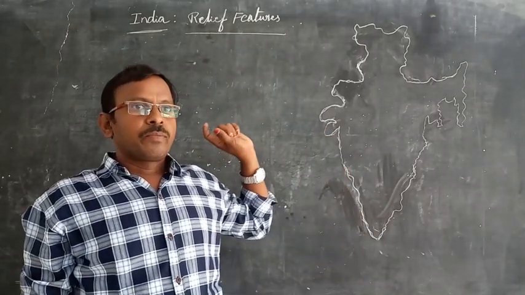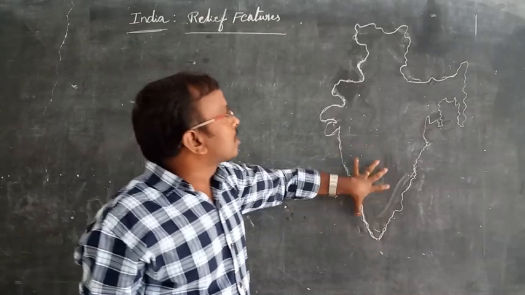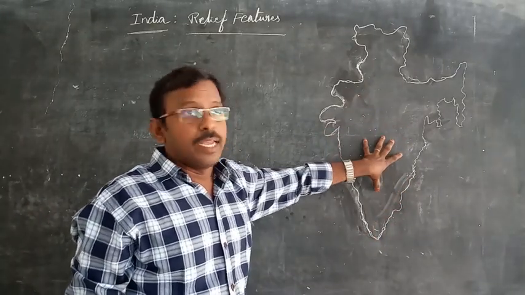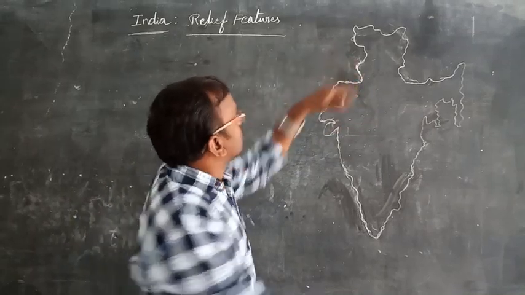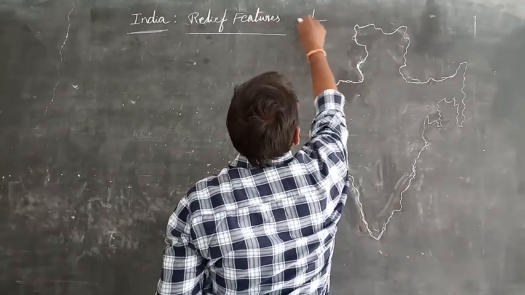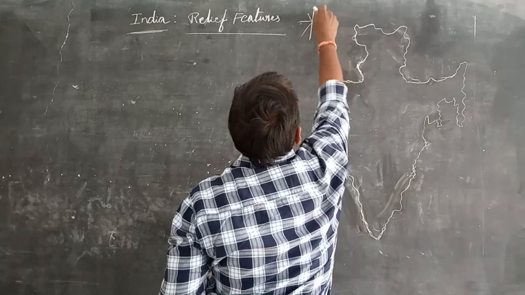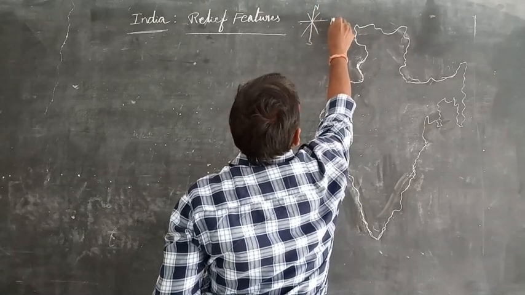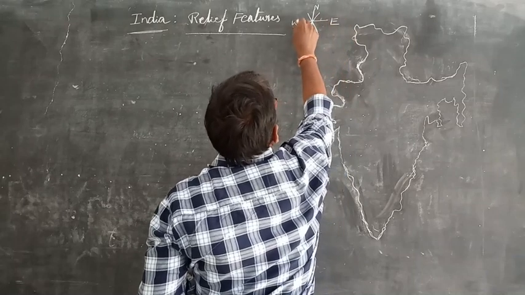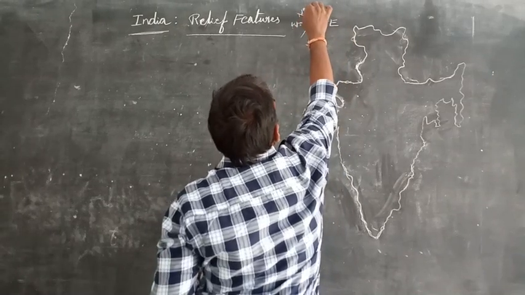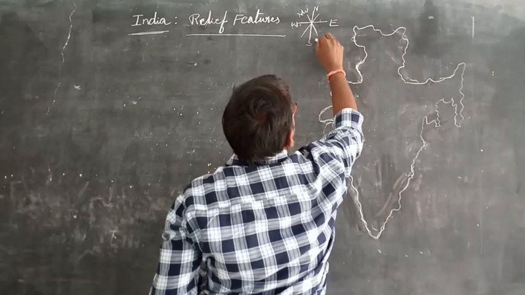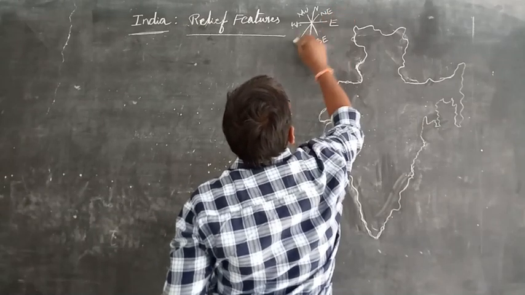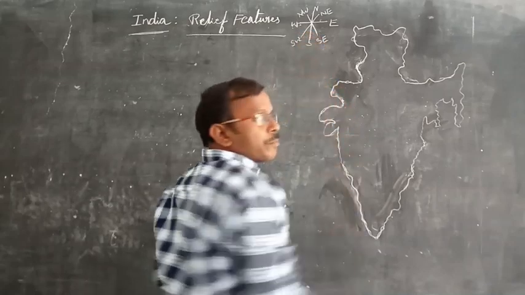Actually, in the northwest part of India, we know the directions: north, south, east, west, northwest, southeast, northeast, southwest.